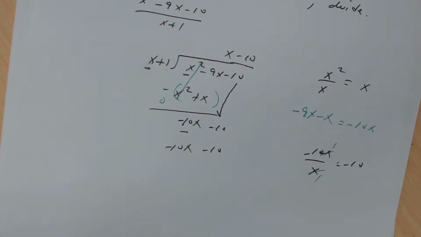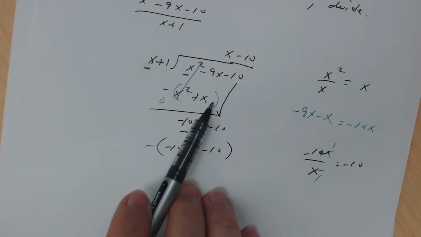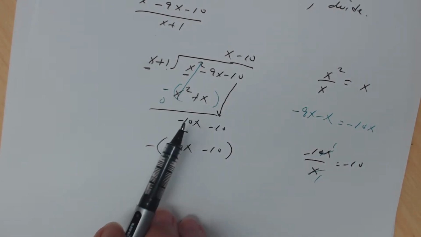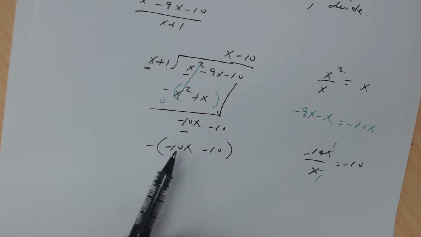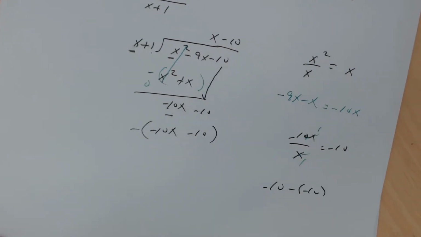And now remember, the next part is to subtract. Just like we did here, we subtract. So put that in parentheses. Okay, now listen carefully. A negative 10 subtract a negative 10 means negative 10 plus 10. Think about that. Negative 10 subtract negative 10 is negative 10 plus 10, which is 0.